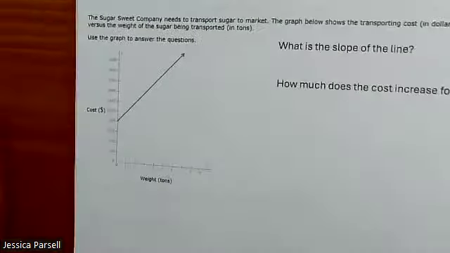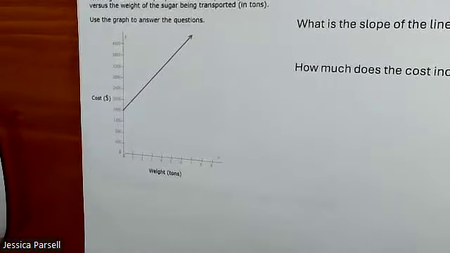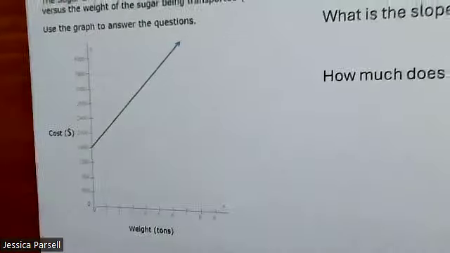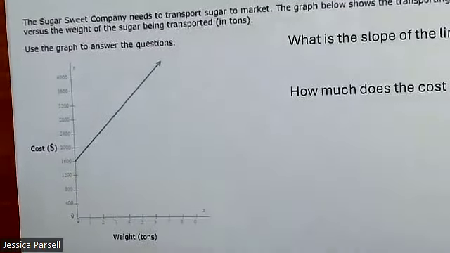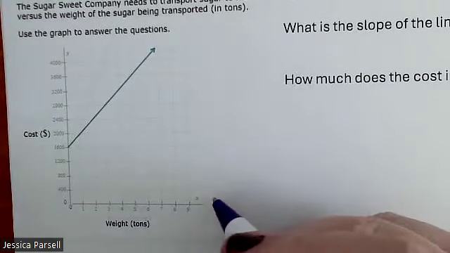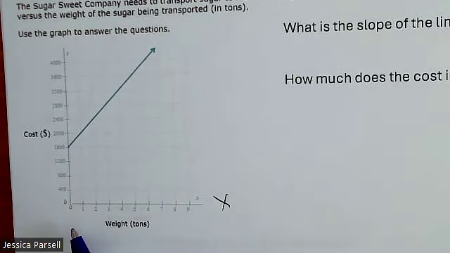Let's take a good look at this graph here. On our x-axis, we've got the weight of the sugar, and it's increasing. We can see 1, 2, 3, 4 in tons.